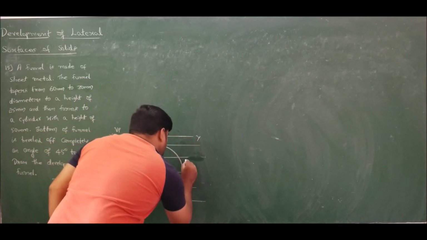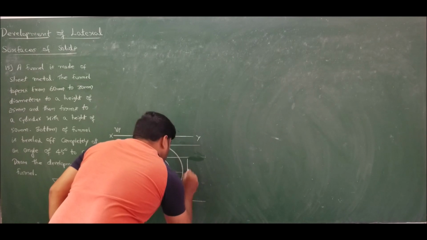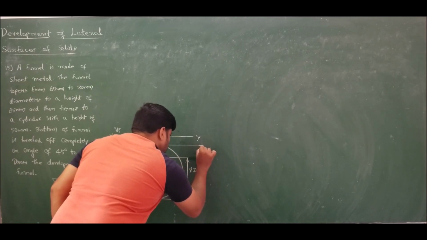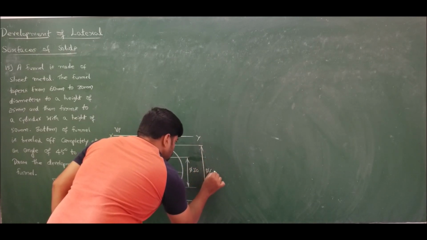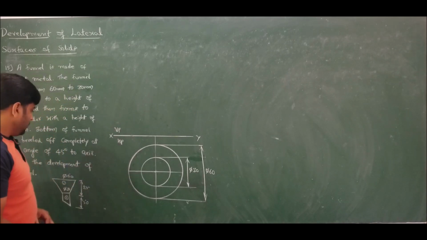So the bottom face is of diameter 30 and the top face is of diameter 60. Right? Let us mark that. So this completes the top view of the funnel.